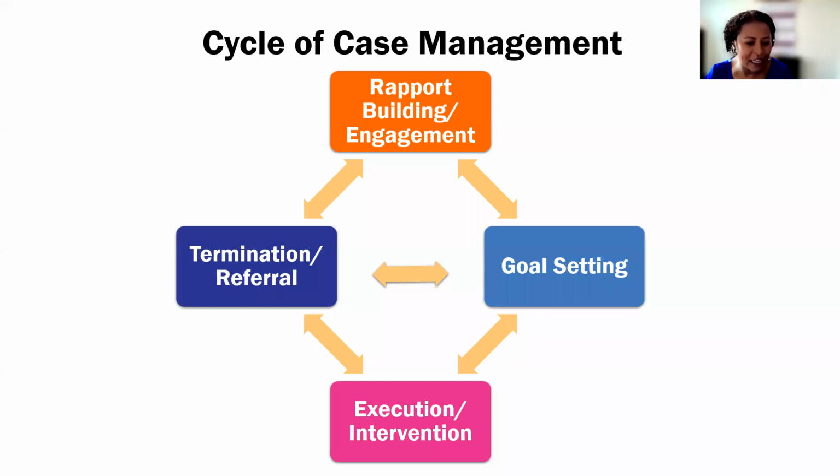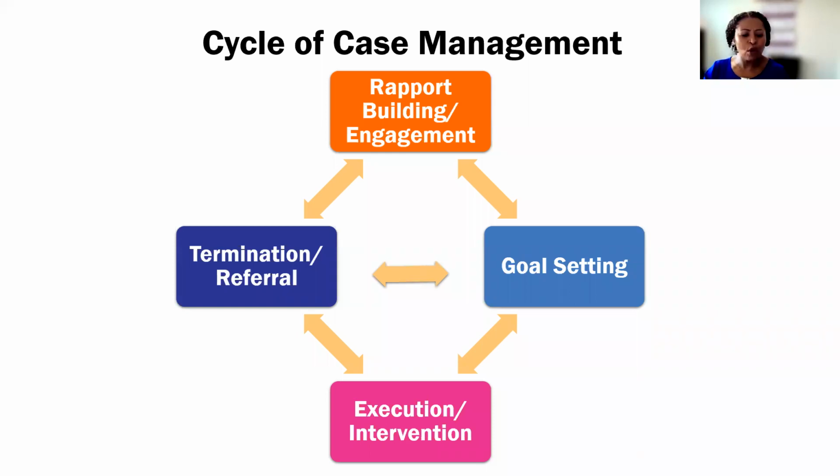Then we move into the goal setting. This is where you assess and establish goals, and the service provision, where you have referrals as needed. As you can see on the diagram, this is where the step could take different routes. You can move into implementation of the interventions identified based on the goals, or you could be referring out because of advanced or further needs that may have been assessed.